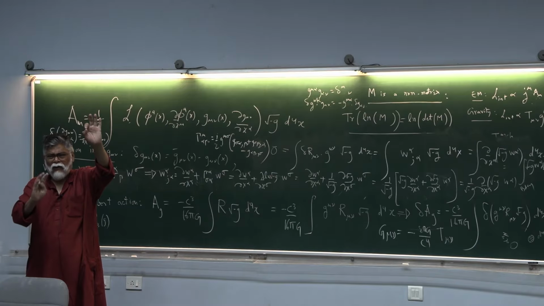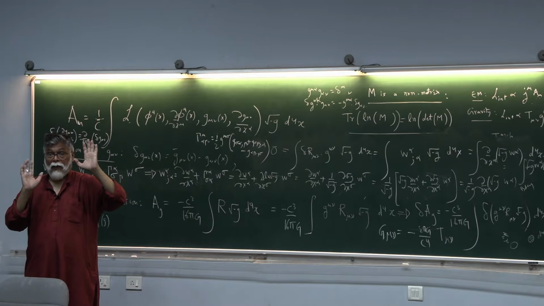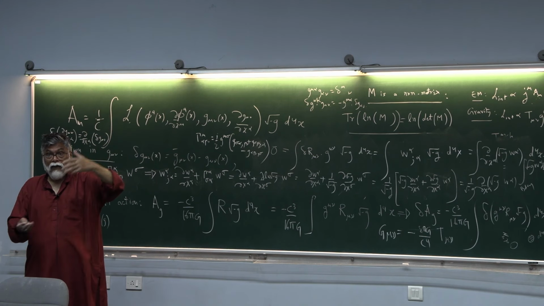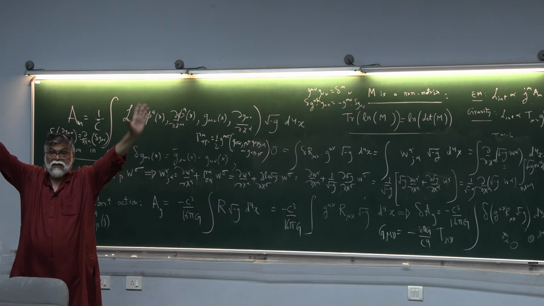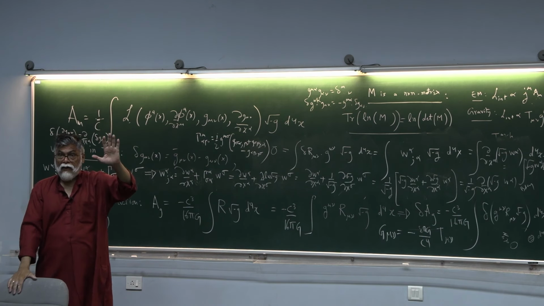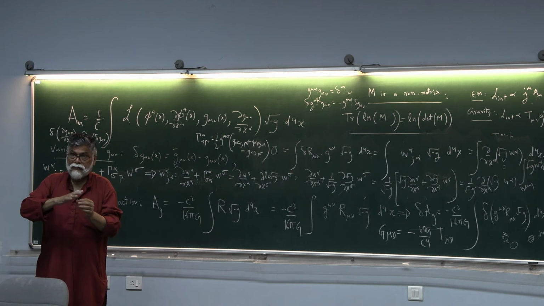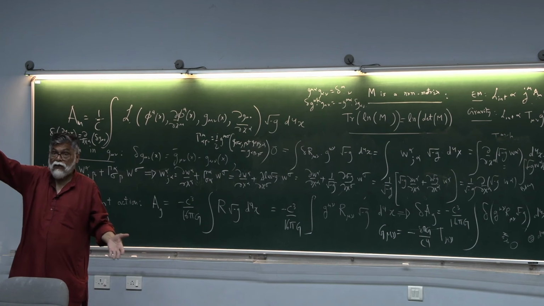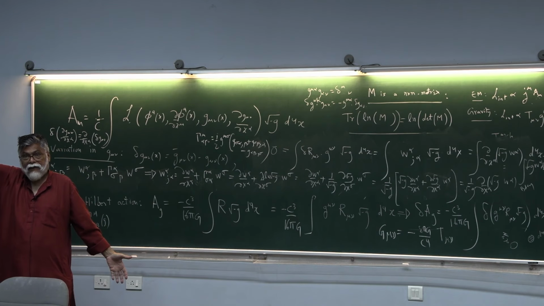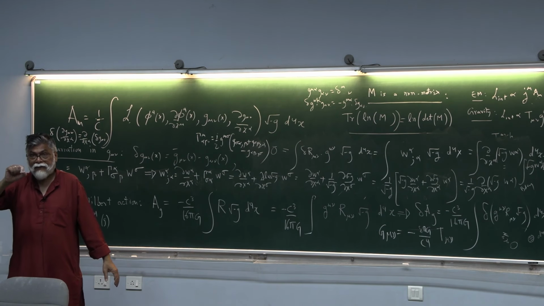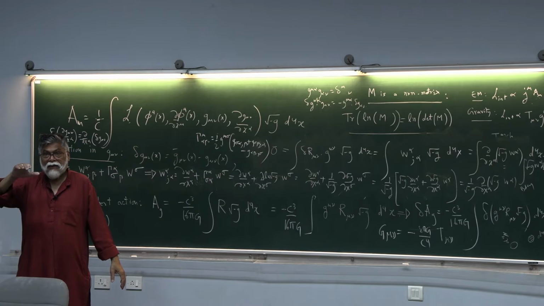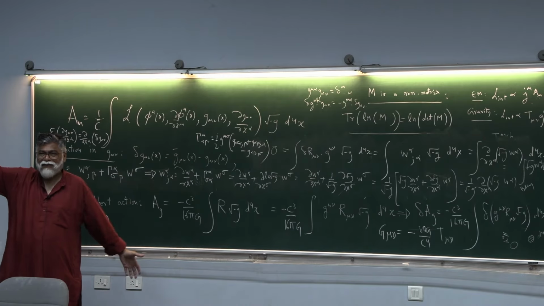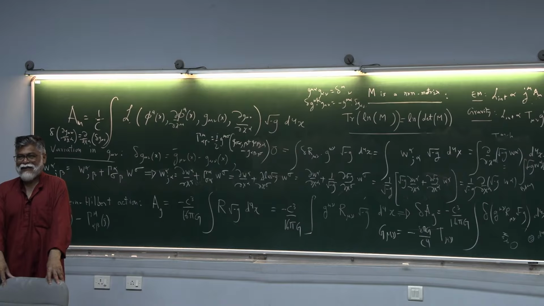You don't say anything about the derivative. But here we have infinite space and infinite time. So if delta q is 0 at infinity, you would expect that the derivatives are also 0 because they are smooth at infinity.